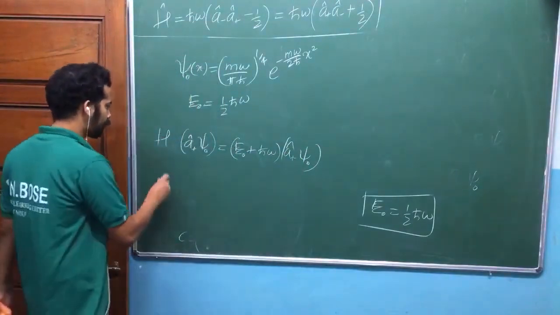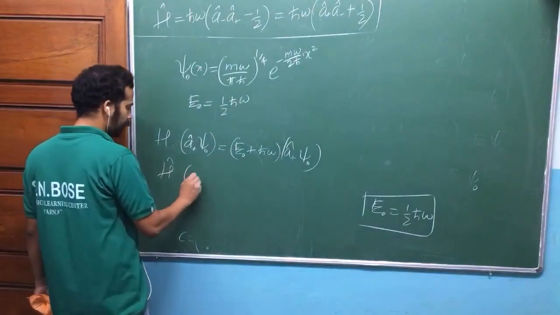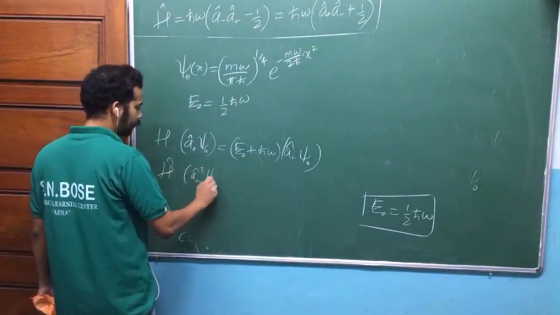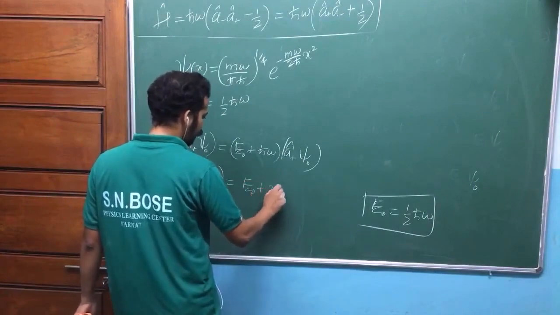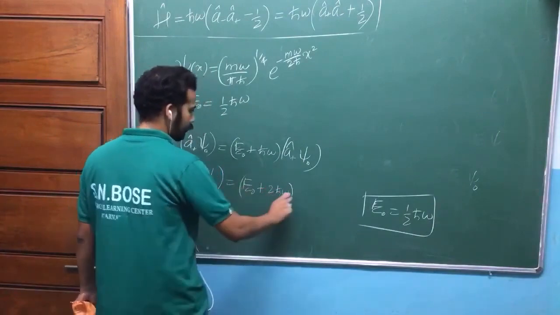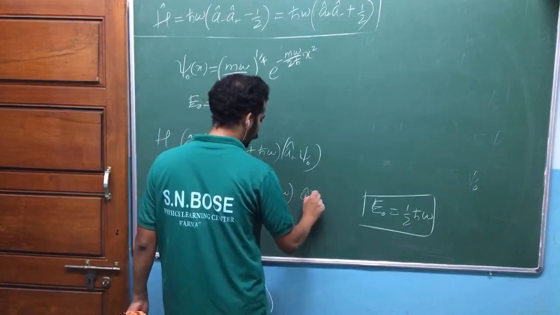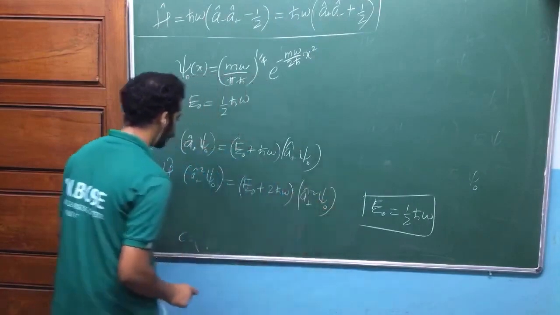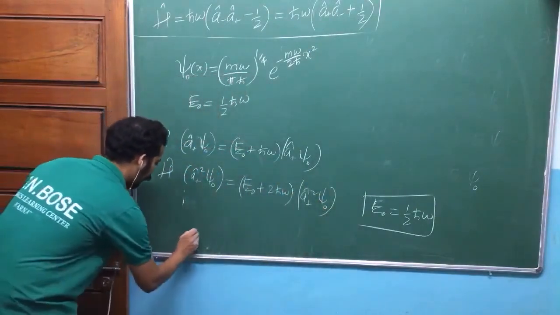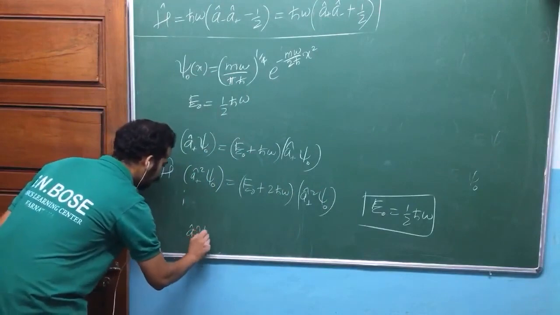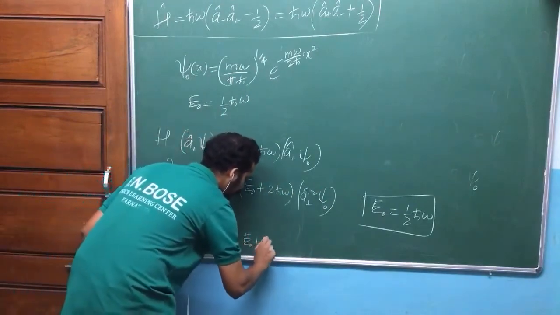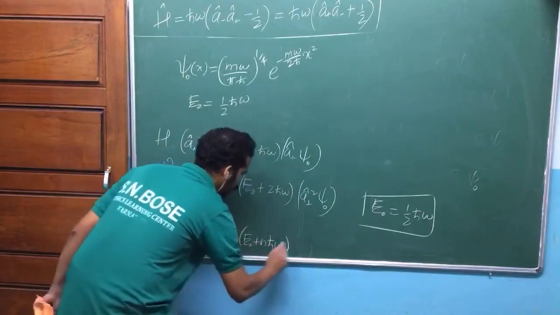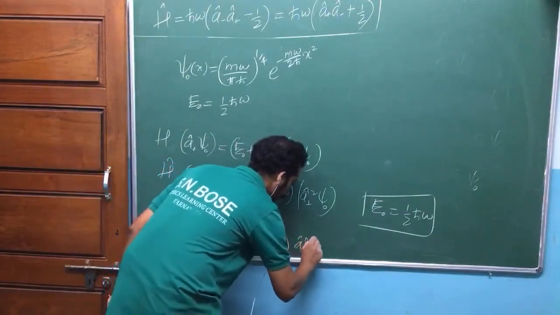Like this, if you keep on operating, look here. If you operate a plus cap twice on this one, what will you get? E naught plus 2 h bar omega, a plus cap squared into psi naught. Like this, if you operate a plus cap n times on psi naught, you will get the state E naught plus n h bar omega, a plus n times psi naught.